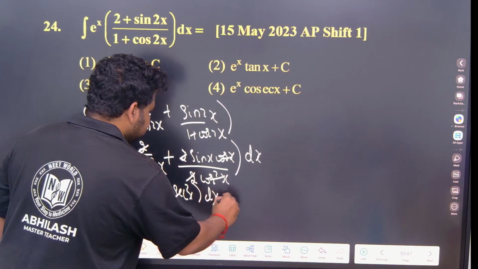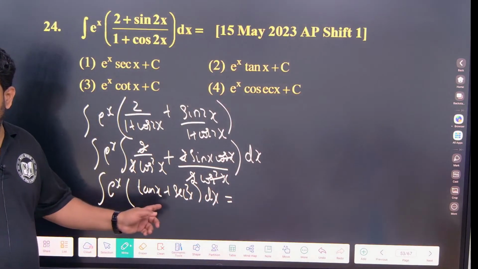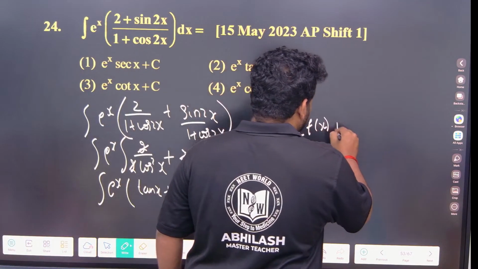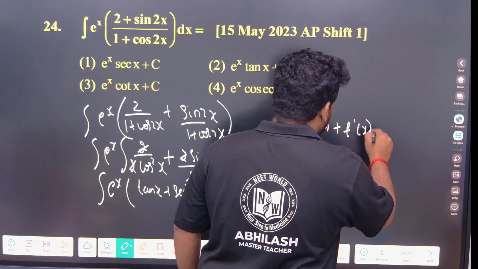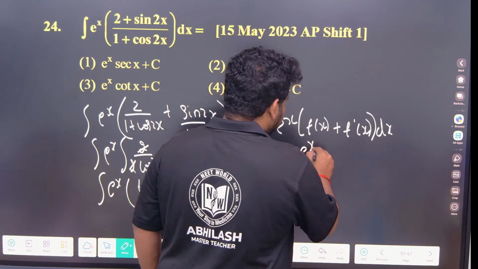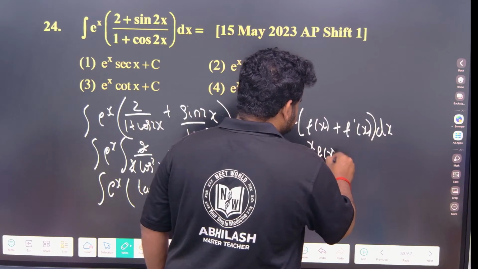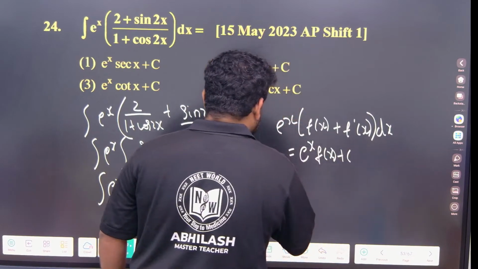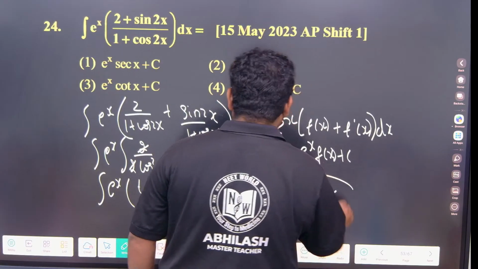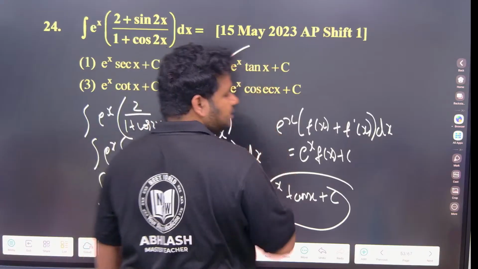This is e power f of x times (f of x plus f dash of x) dx. So we can write e power x f of x plus c, which is e power x tan x plus c. Understood? This is the method. Second option. Clear? Got it?